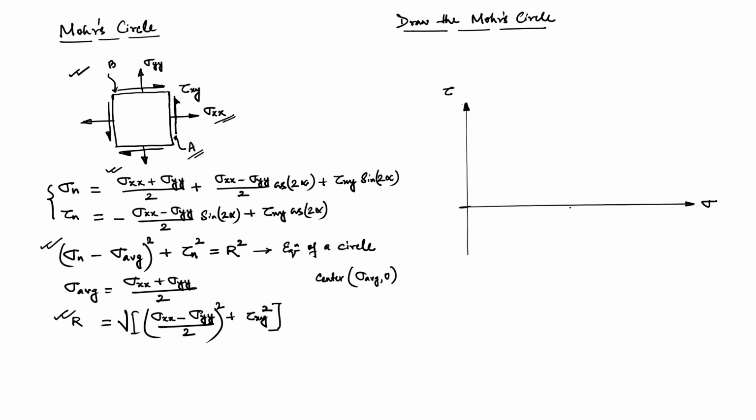So, that is the center and the radius of the circle we have already identified. So, we have the center which is somewhere here. Let us mark that this is the sigma average, right. Then our A plane is somewhere here. So, this is the point A. The coordinate for this point A is sigma xx and tau xy, right.